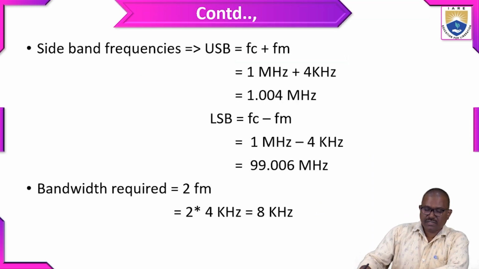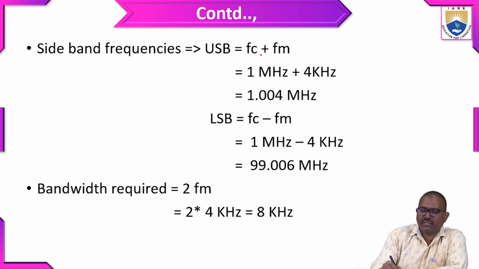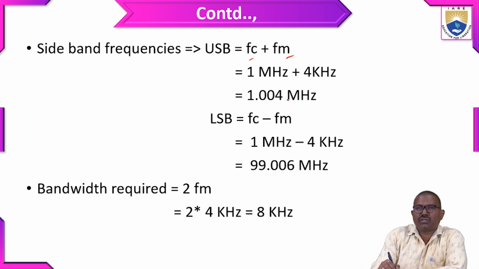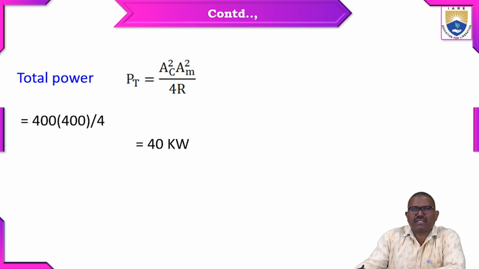Now the sideband frequencies. The upper sideband is fc plus fm, and the lower sideband is fc minus fm. Substituting the fc and fm values, you get 1.004 megahertz for the upper sideband, whereas the lower sideband, fc minus fm, is 99.006 megahertz. The bandwidth required is nothing but 2 fm. fm is given as 4 kilo, so finally you get 8 kilo.